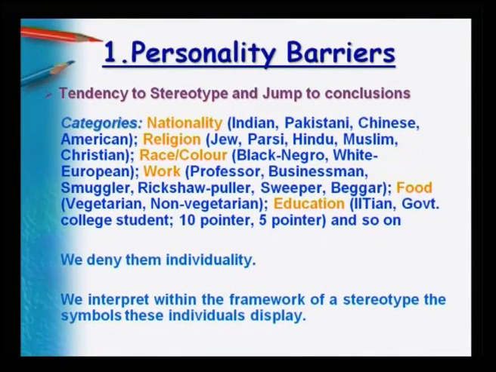Let us look at more problems that come because of this perspective and personality barriers. There is also this tendency to stereotype and jump to conclusions. When we stereotype somebody, we put them as typical figures representing certain characteristic traits.